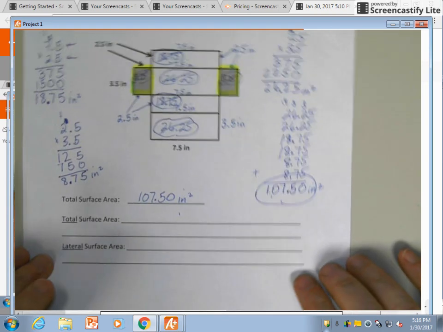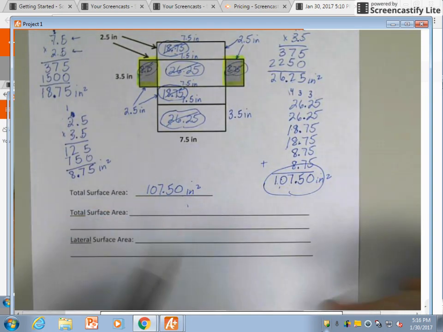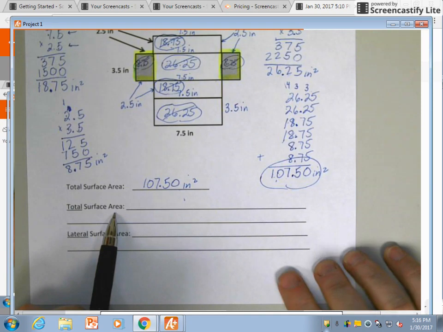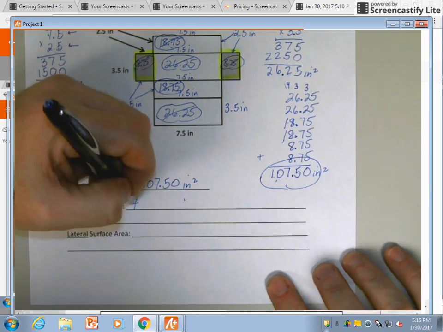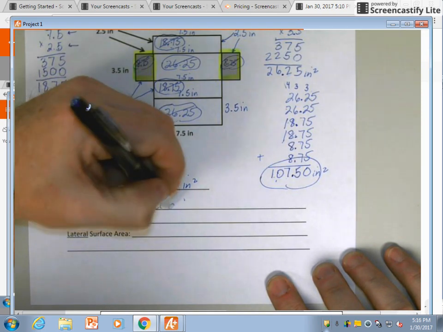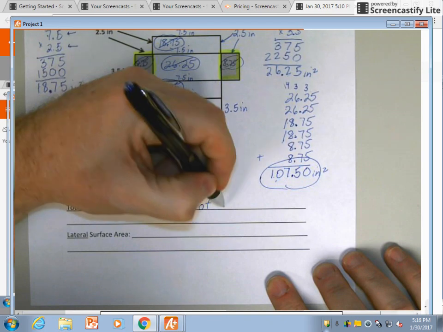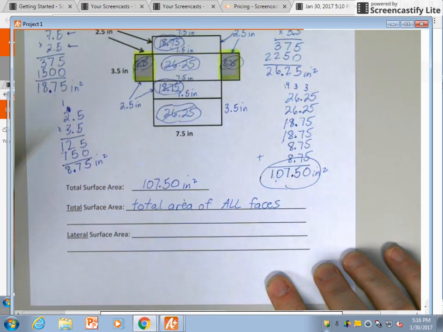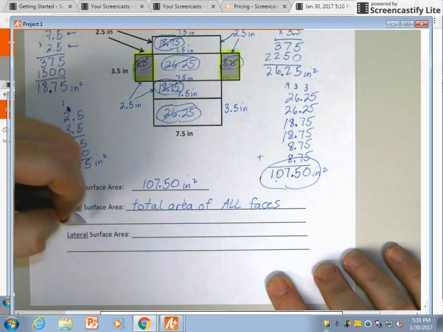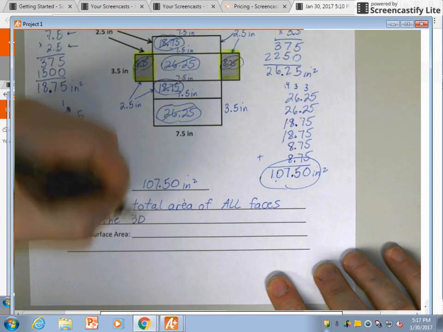The last thing we want to do is add a couple of definitions. The first definition is, what does total surface area mean? Well, the total surface area is the total area of all faces on a 3D figure, on the three-dimensional figure.